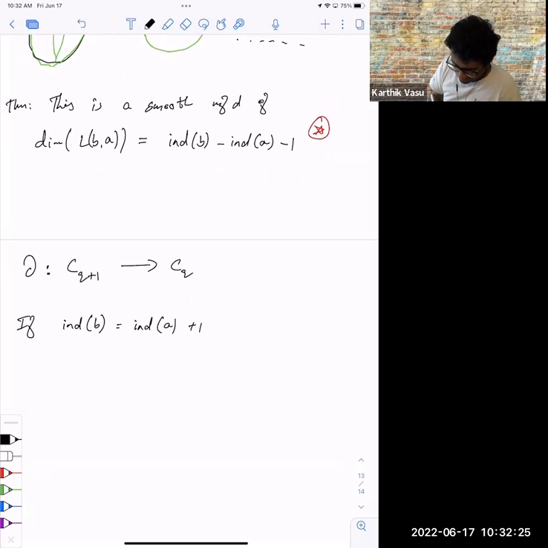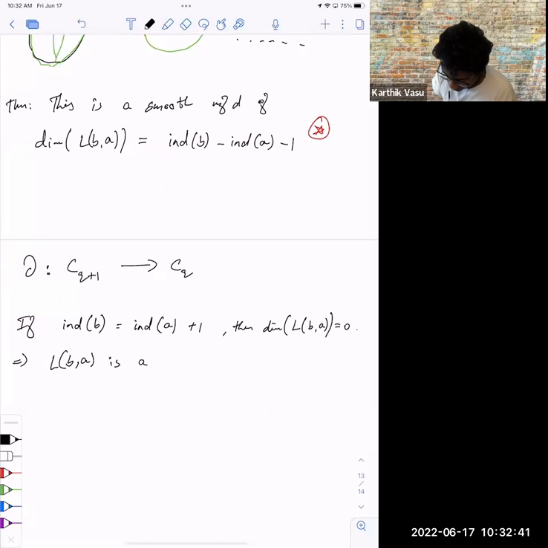Okay, so if this happens, then the dimension of L_BA equals 0, which implies L_BA is a bunch of points.